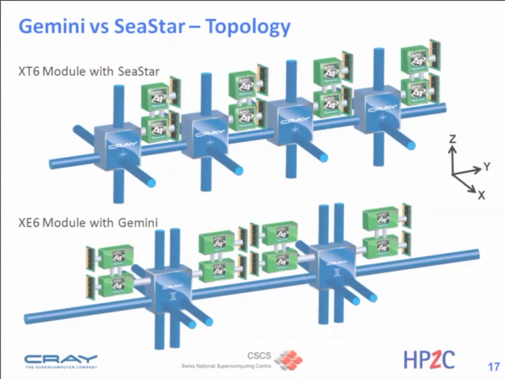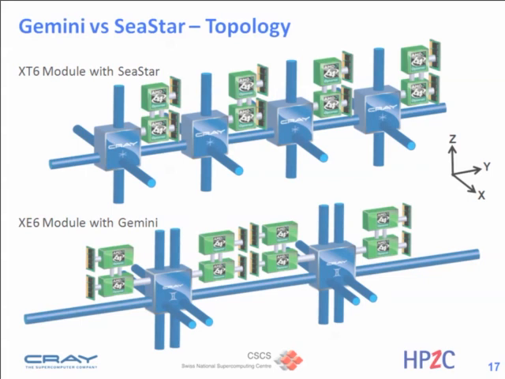The difference between the C-Star topology and the Gemini topology is that in the C-Star, one router connects to one node in the machine, one compute node. The Gemini connects to two nodes. The 3D torus is a simple torus like this. And on the Gemini there are double links, so to speak, in two dimensions and one in the other.